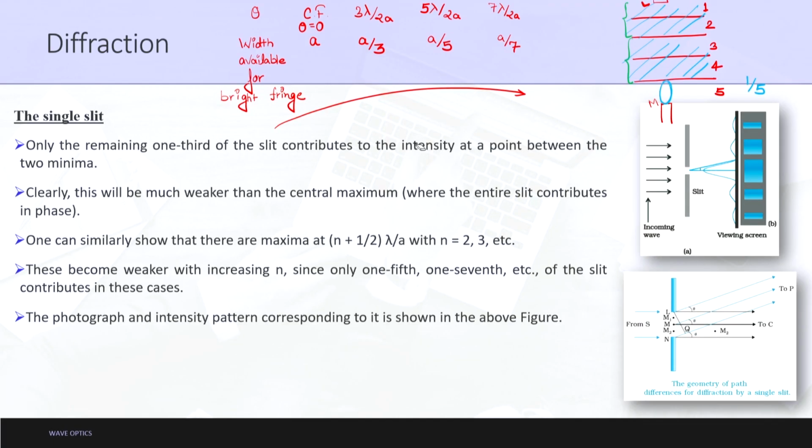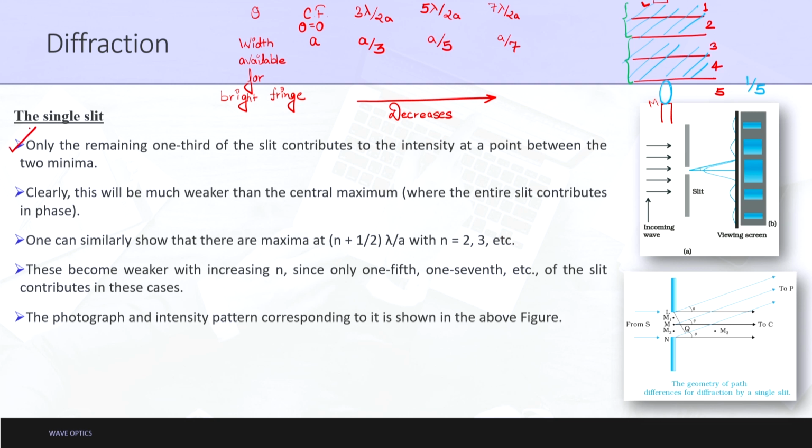We understood first of all why it cancels each other and therefore why dark fringes occur, and similarly why the intensity keeps on decreasing as the path difference is increased. So let me just write here that it decreases. Only the remaining 1/3 of the slit contributes to the intensity at a point between the two minima.